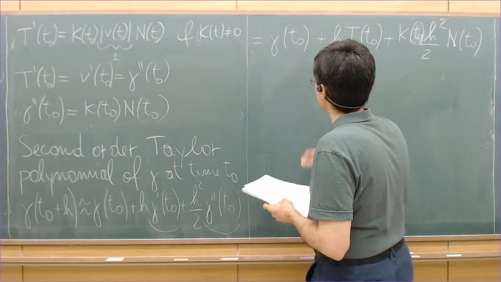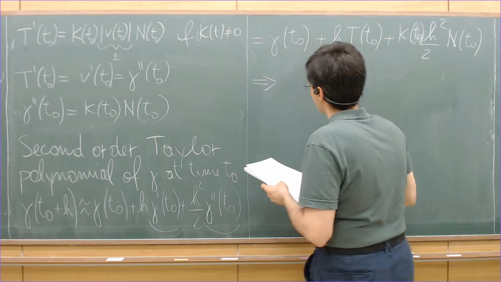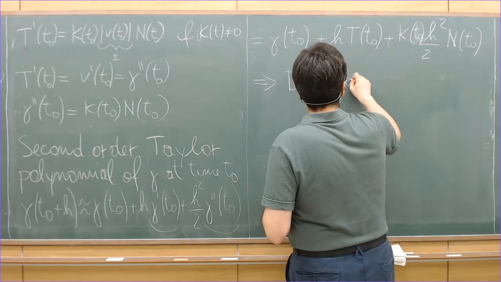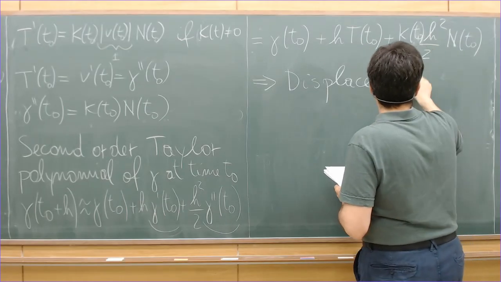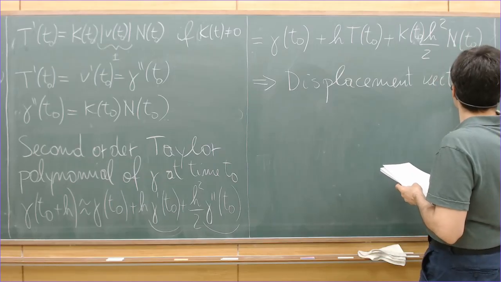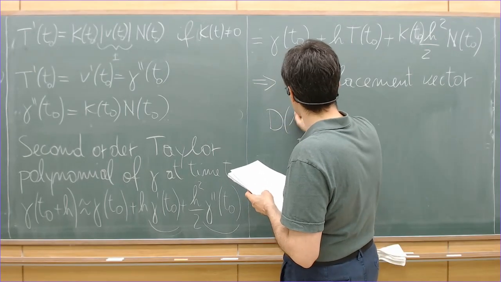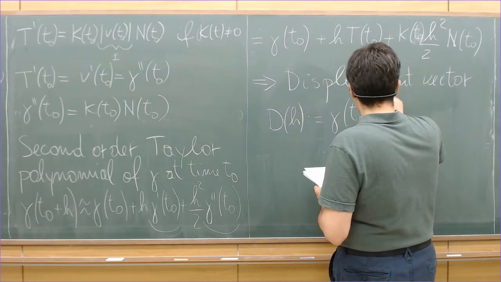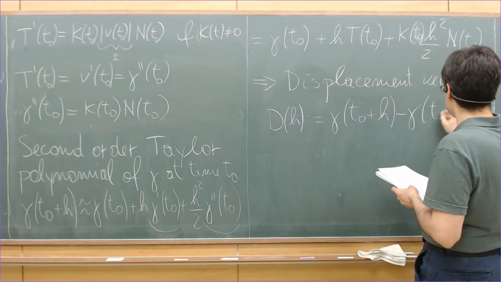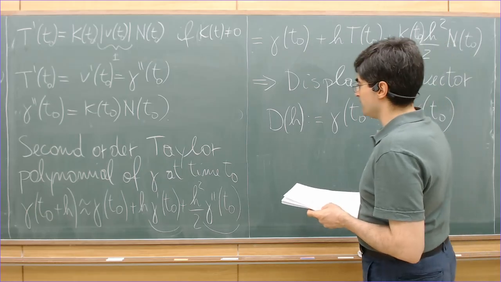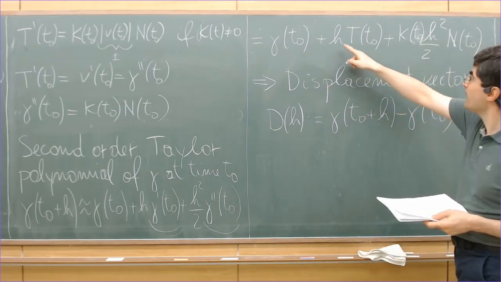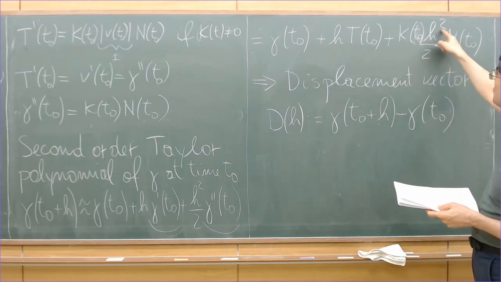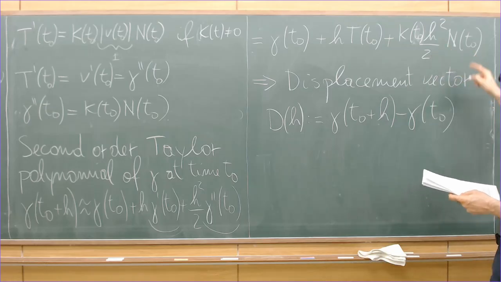This formula says the following. It says that the displacement vector D of h, defined as gamma of t0 plus h minus gamma of t0, is equal to h T at t0 plus k of t0 h squared over 2 times N of t0.